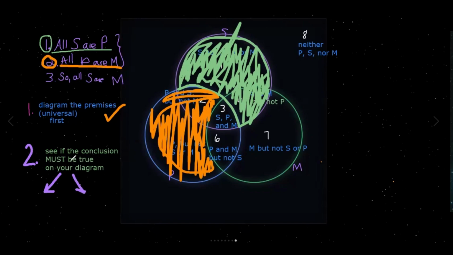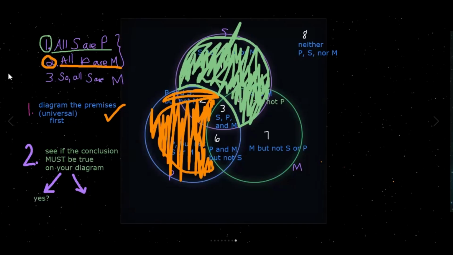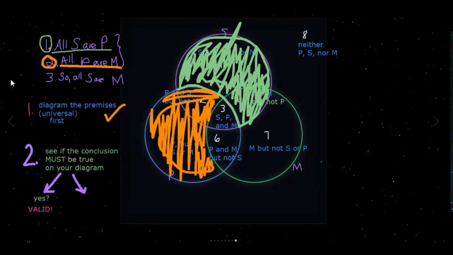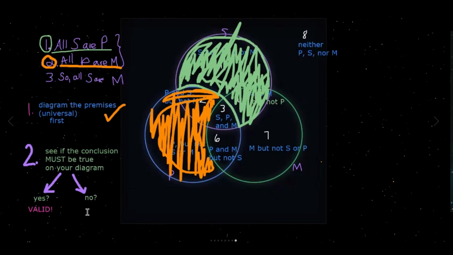If it is already contained in the diagram of our premises, then our argument is valid. If it's not already contained in the diagram of our premises, then our argument is invalid.